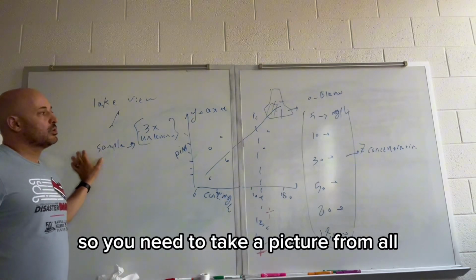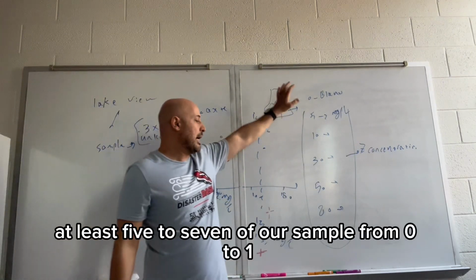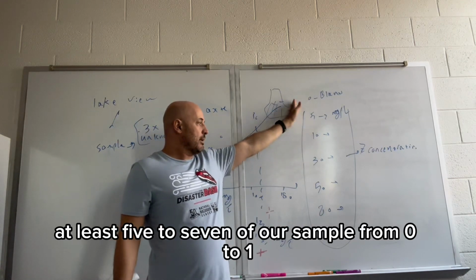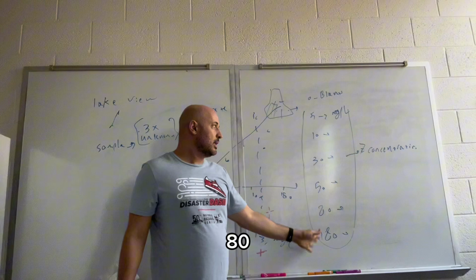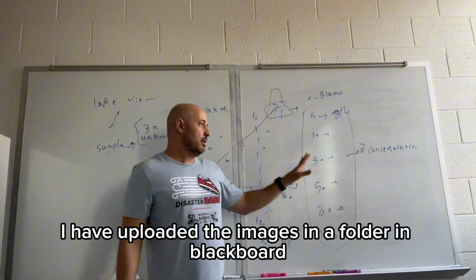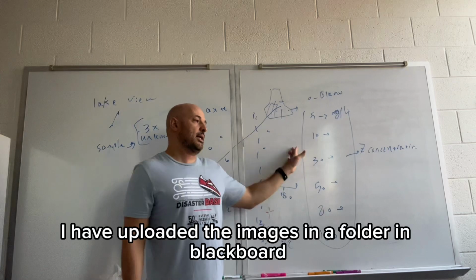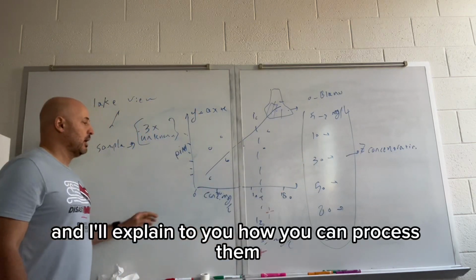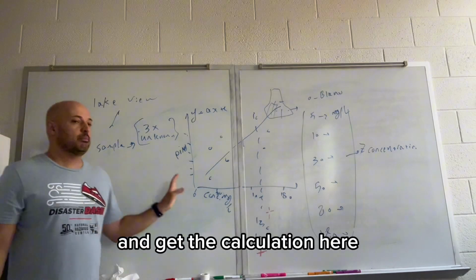So we need to take a picture of at least 5 to 7 of our samples from 0 to 180. I have uploaded the images in a folder in Blackboard. You can take those images, and I will explain how you can process them and get the calibration curve.